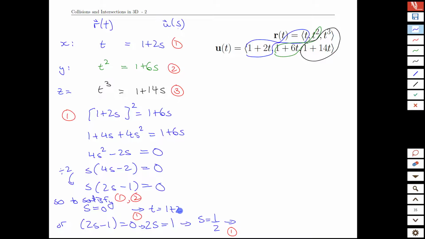Here, 1 plus 2 times s, but s is 0, so t would have to equal 1. And here t would have to equal 1 plus 2s, 1 plus 2 times a half, which is 2. So summarizing, we have s equals 0, t equals 1, or s equals a half, t equals 2. Those are our two possibilities that satisfy the x and y coordinates. What we need to do next is still check that the z's intersect.